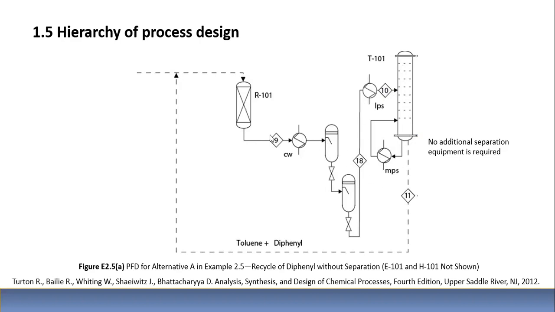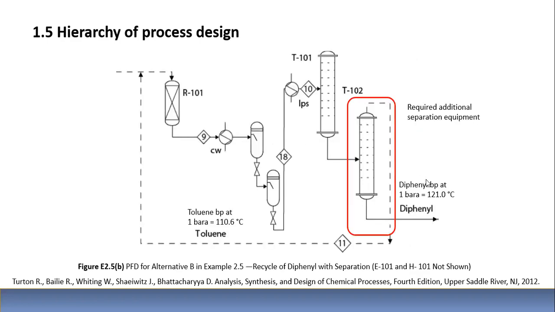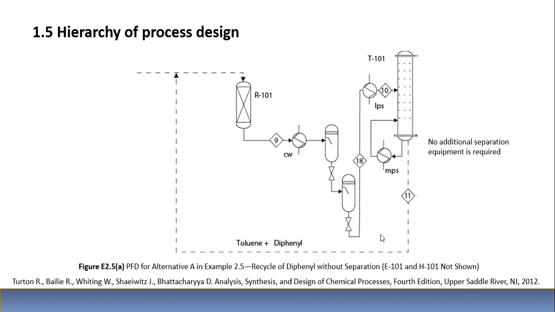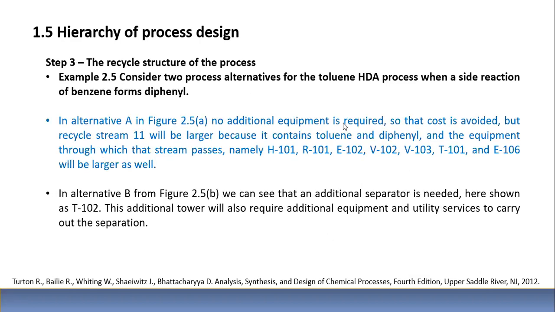So all this equipment has to be resized. They have to increase in size to provide for the new material, the new species, diphenol. So this is the proposal. Alternative A, no additional equipment is required. Perdón. No se requiere. La alternativa que requiere agrandar los equipos es la B, no la A.